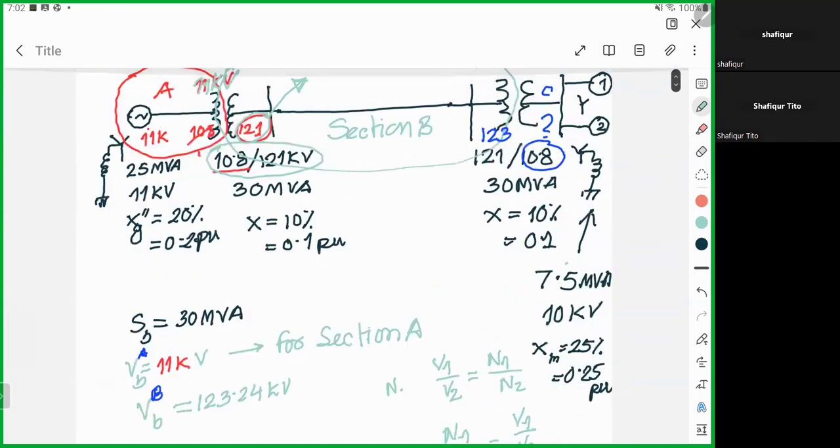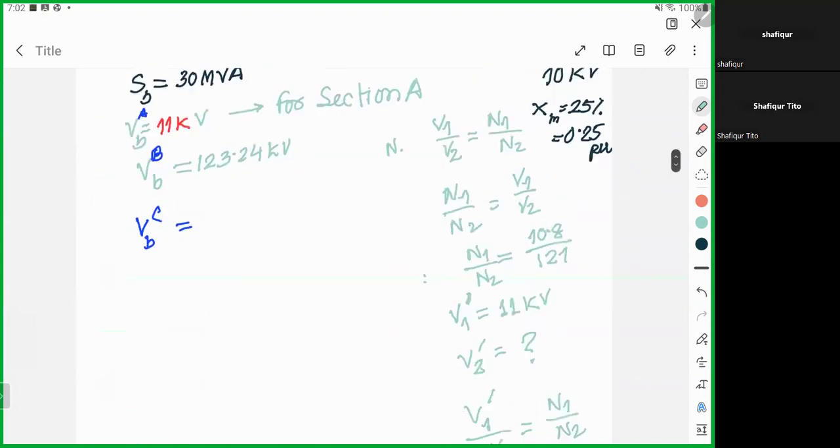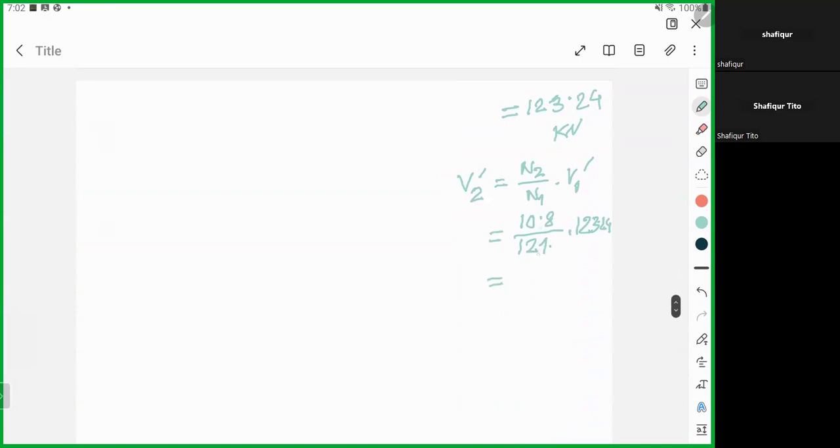If we go back, 10.8 is in the secondary, and the original primary side was 121. So the primary N1 becomes 121, the secondary is 10.8, and the new value is 123. So we can do this calculation as 10.8 divided by 121 times 123.